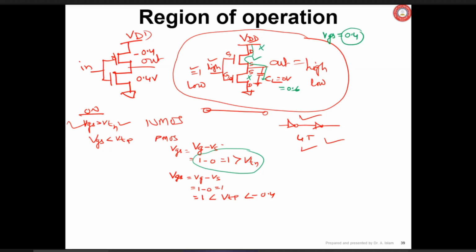It means that in this kind of circuit, the output node can rise up to VDD minus VTN. Sorry, VTN. V out can be VDD minus VTN. There will be a VTN drop. It cannot charge up fully. That means you are going to get a weak one.